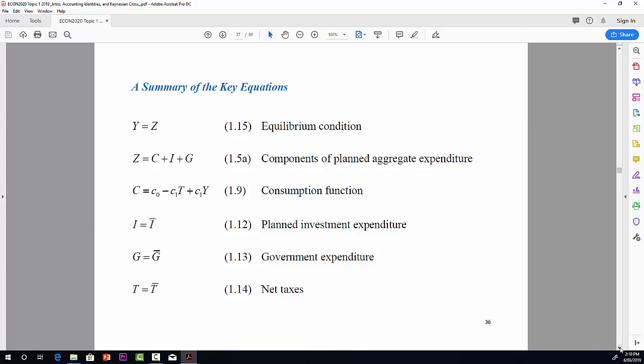That's the way it works. You take the equilibrium condition, substitute this in, and then plug in all your theories, and you'll find you get one equation in output, and you solve for that value of output.